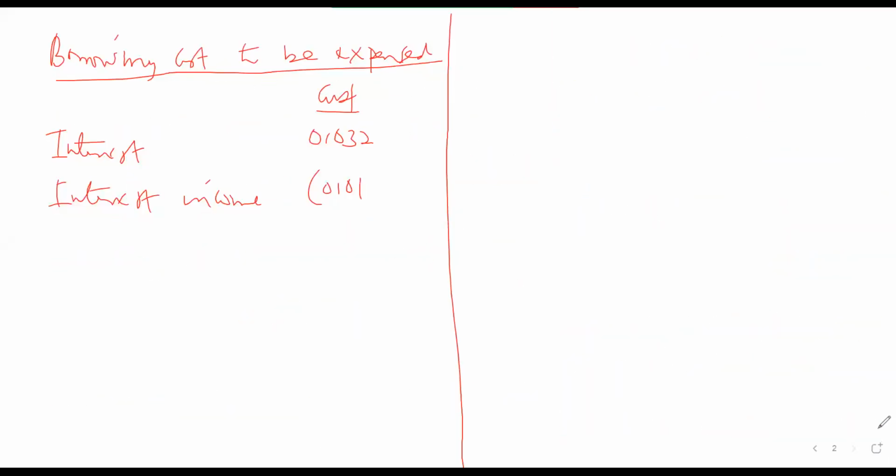Okay. What are we having? 0.022. Okay, 0.022. So this is what will go to profit or loss.